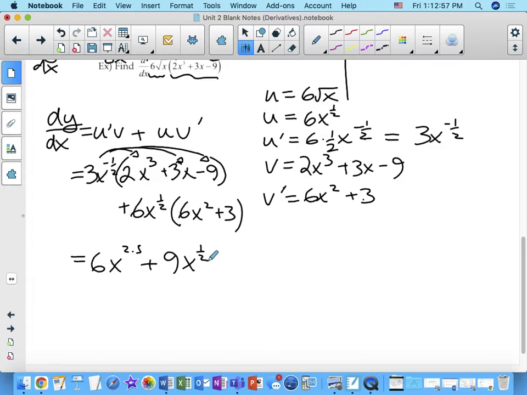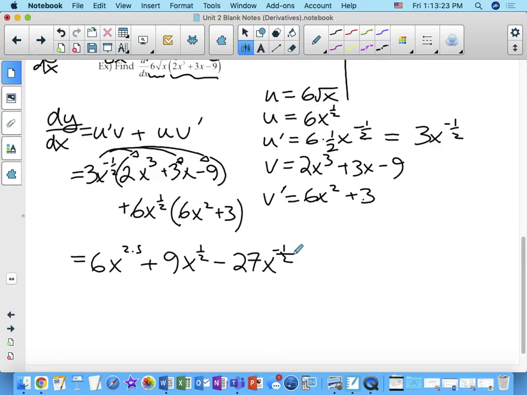And then 3 times 9 is 27, x to the negative 1/2. Did I say 9 times 9? I did say 9 times 9, but I was obviously thinking 3 times 9 because that's what I put on the board. Whew, at least one part of my brain is working, the part that controls my hand. It's Friday afternoon.